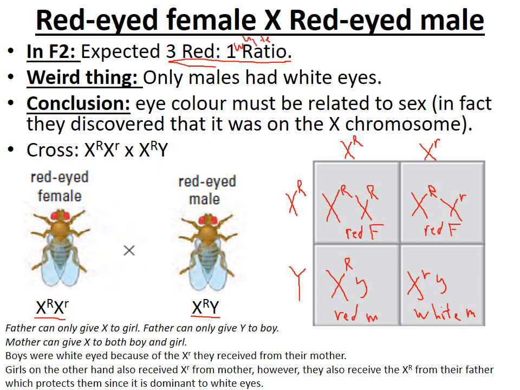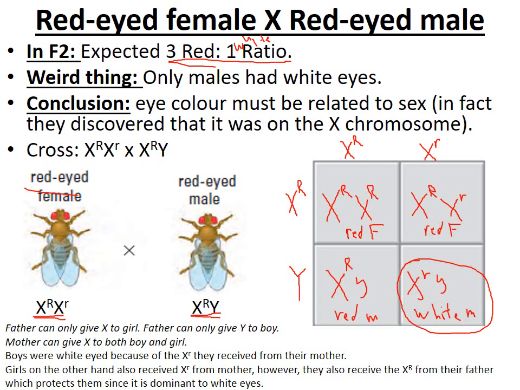But there was a weird thing that happened. For some reason, when he did this cross, it was only the male that would have white eyes. So in this heterozygous cross where you had a red eye female and a hemizygous red eye male, you'd get your 3-to-1 ratio, great, but only the males had white eyes.